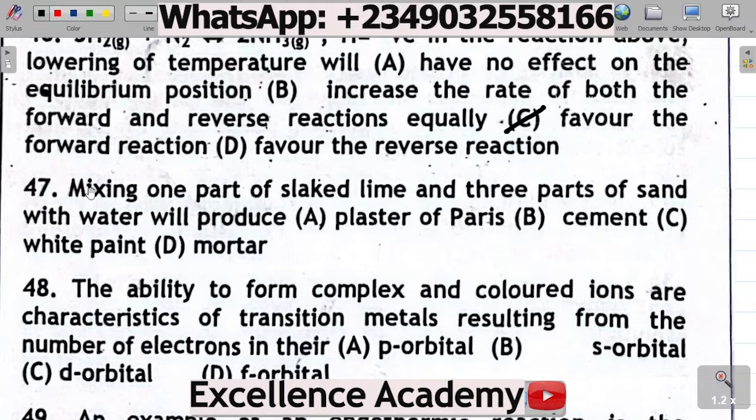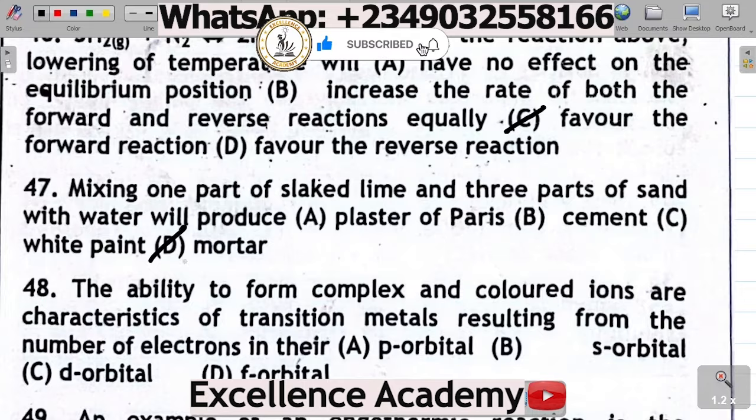Question 47 says, mixing 1 part of slaked lime and 3 parts of sand with water will produce A, Plaster of Paris, B, Cement, C, White paint, D, Mortar. Which of these is the correct answer? For this question, the correct answer is D, Mortar.